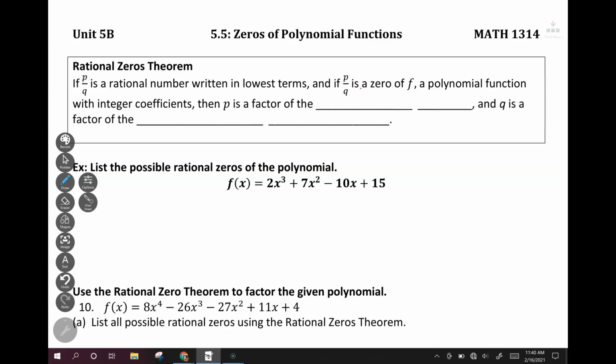And if P over Q is a 0 of f, a polynomial function with integer coefficients, then P is a factor of the constant term, which is that last number when it's in standard form, 15 right here. And Q is a factor of the leading coefficient.